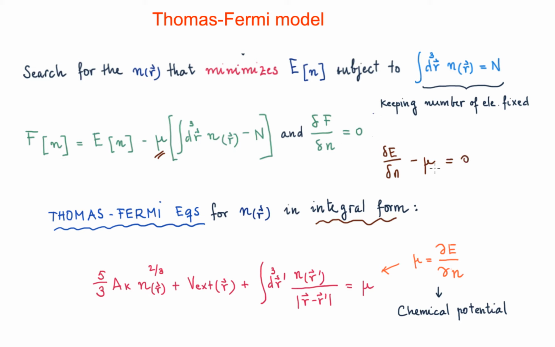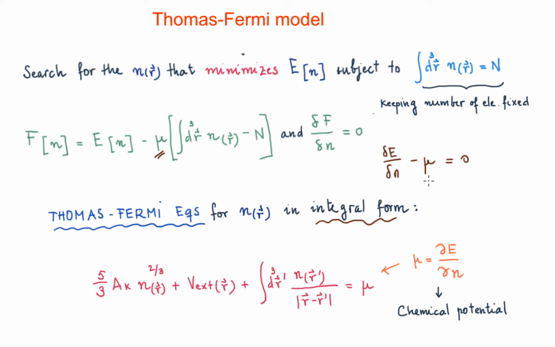So this has to be 0. So basically from here we have that mu, which is the Lagrange multiplier, is equal to the functional derivative of the total energy with respect to the density. And this is the chemical potential.